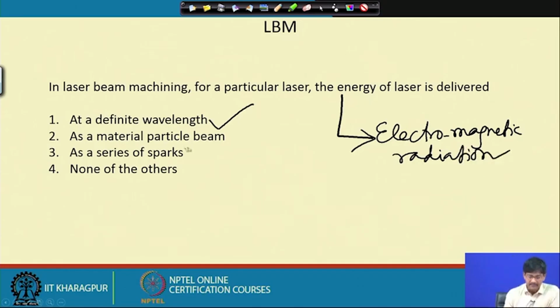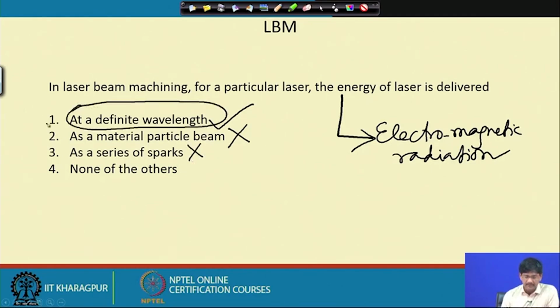As a material particle beam, no. As a series of sparks, no. Sparks are pertaining to electrical discharge machining, so people confused with that will take this one. This is not correct, and therefore, we have this as the correct answer.